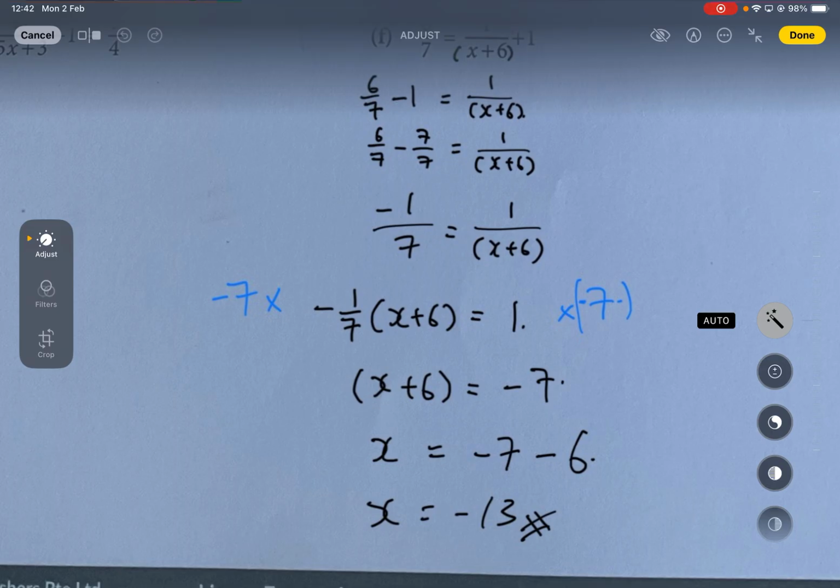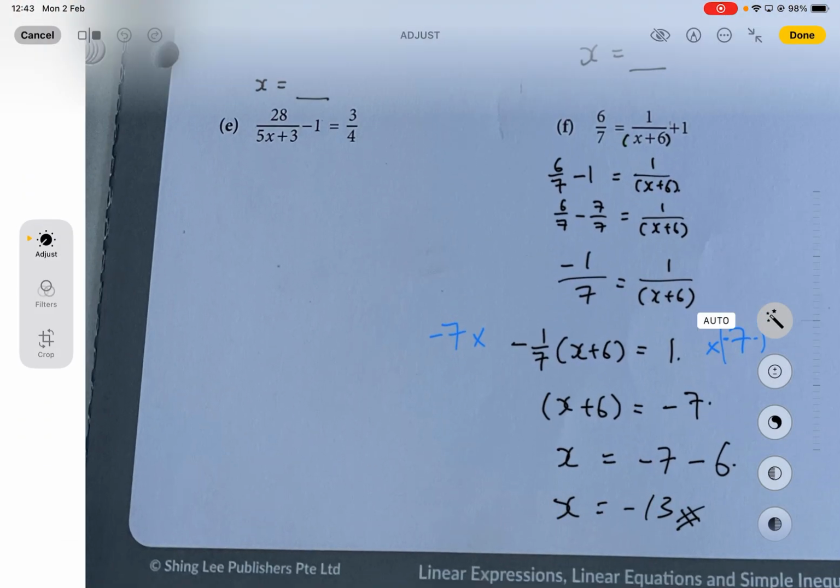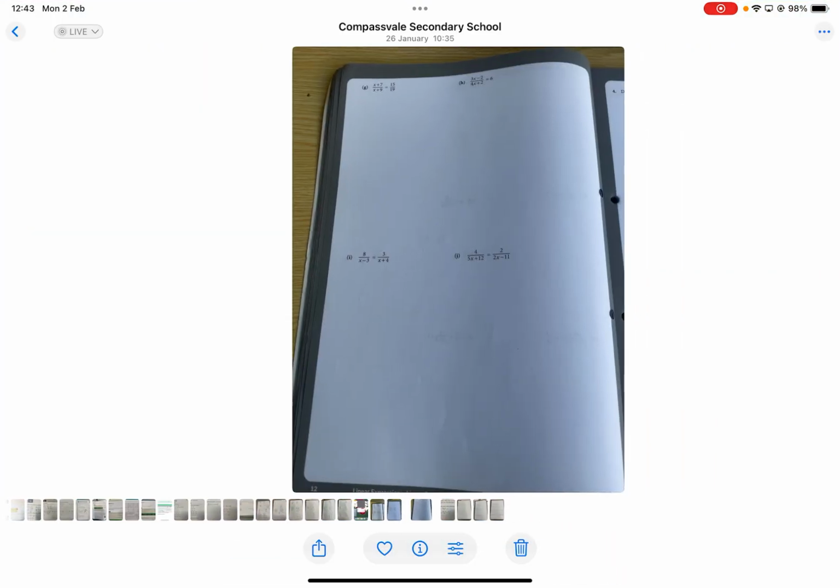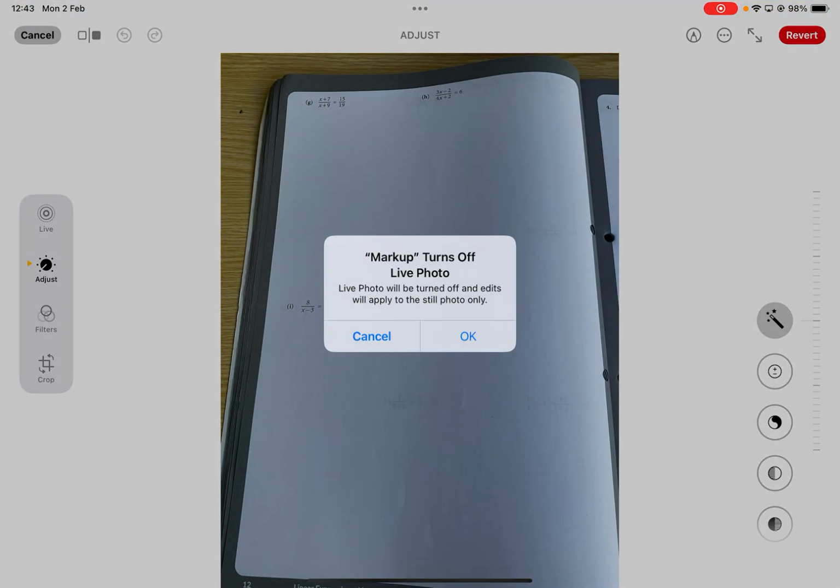I know, I'm waiting for you. Okay, done? Part E is your homework. Then we go to the next page. Next page is easier.